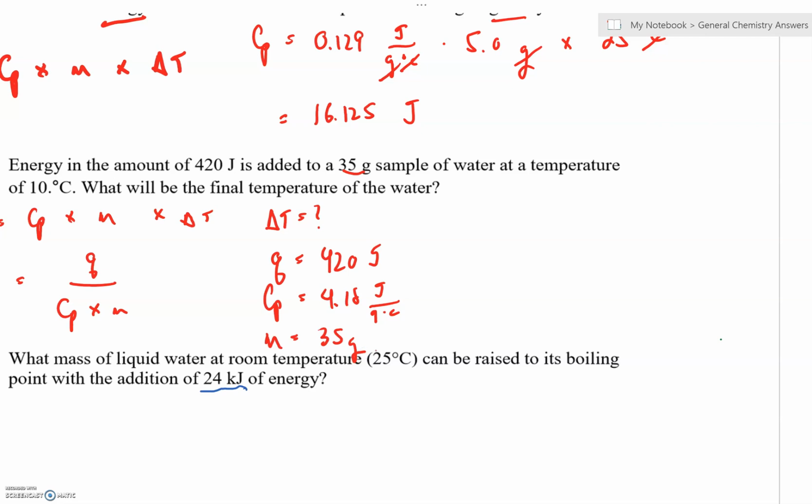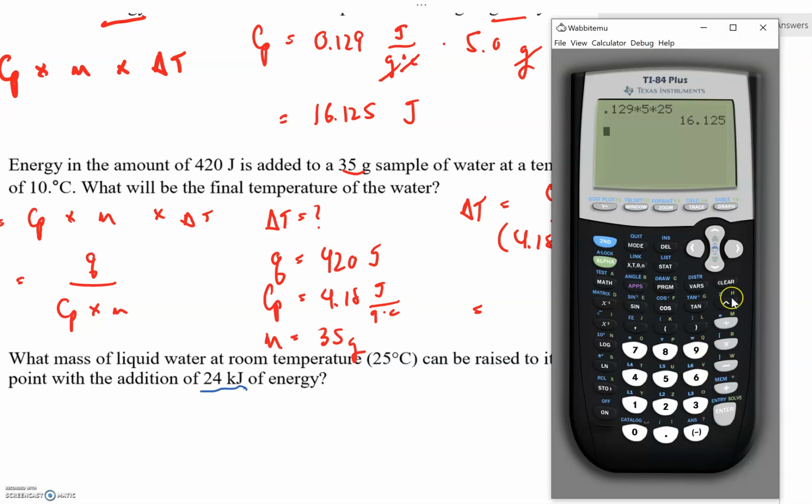So let's set this up to find delta T. We know it's going to be equal to Q over Cp times M. We have a Q, 420 joules. We have a Cp, a specific heat of 4.18 joules per gram degree Celsius, and a mass of 35 grams. Now when you do this, grams cancel and joules cancel, and so let's get our answer, and I'm going to use the calculator's parenthetical function.